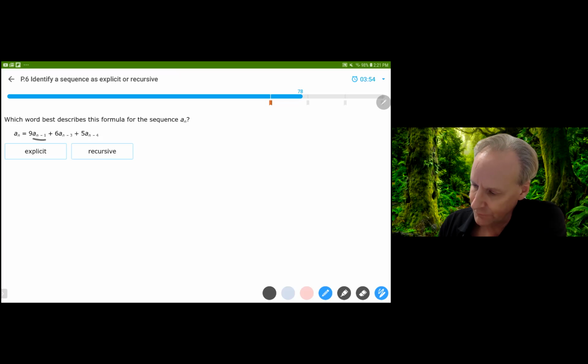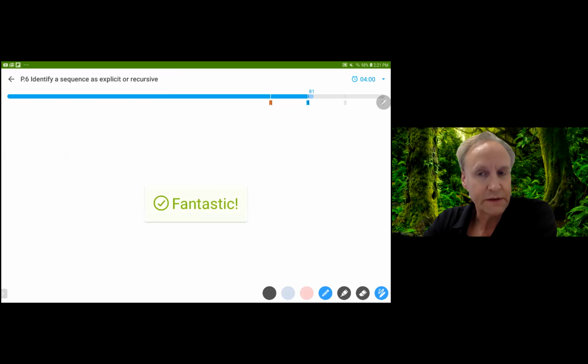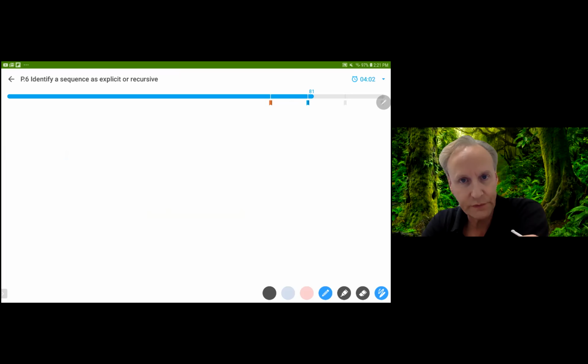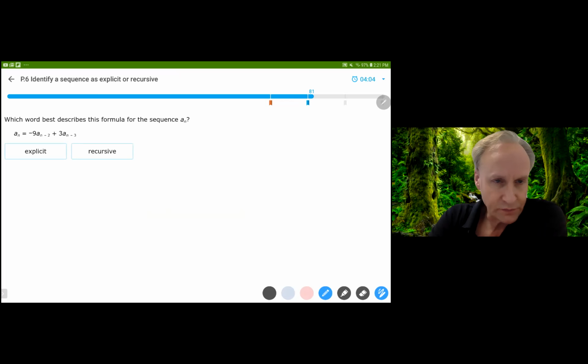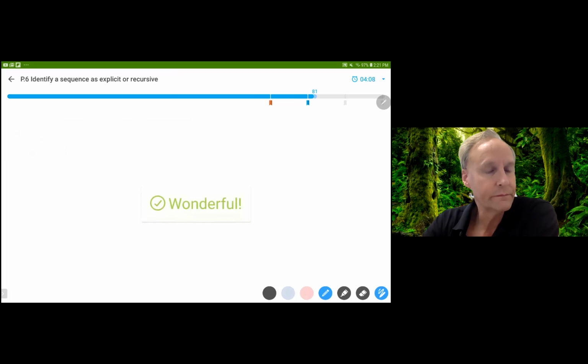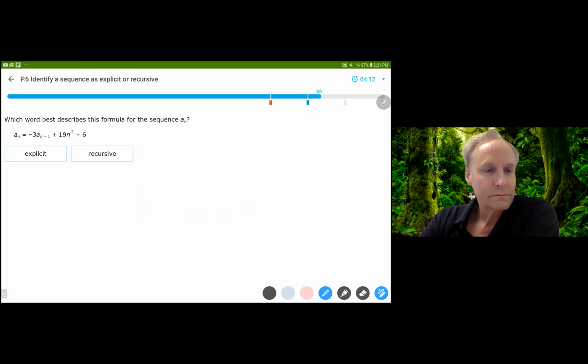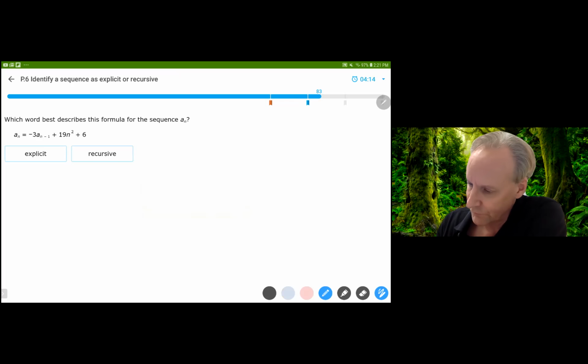We've got 3 former terms that are defining the new one. You have to know what the last 3 were. This one has 2 former terms involved, recursive. This one has 1 former term, but it still counts as recursive.